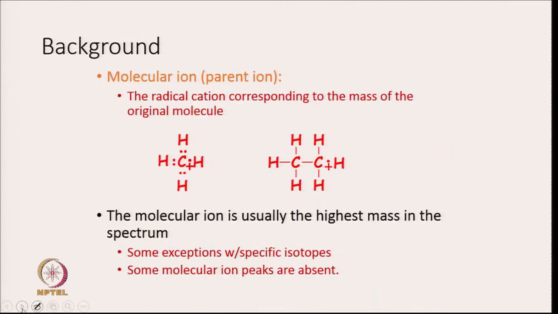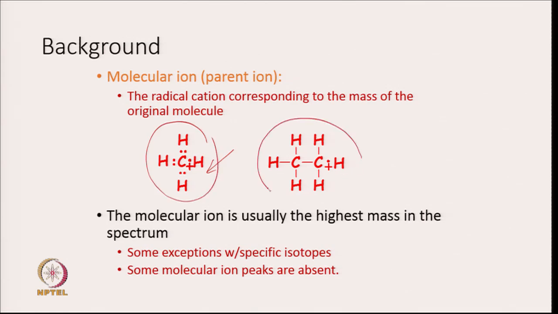Now, there are certain terms which we should be familiar with if we are dealing with a mass spectrometer. One is the molecular ion or parent ion peak. This basically corresponds to the radical cation having the mass of the original molecule. For example, if methane is bombarded with an electron, one electron is removed and what is left is your molecular ion.